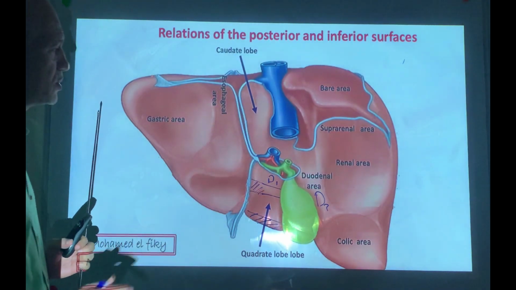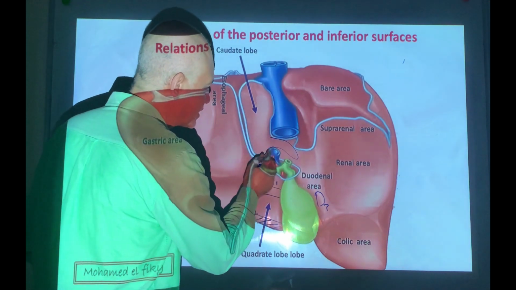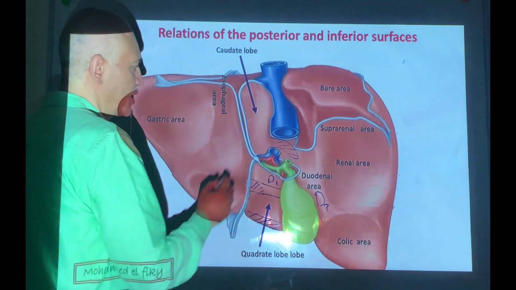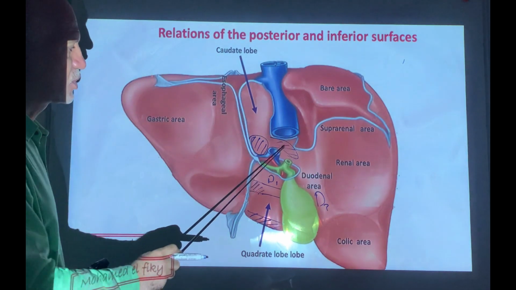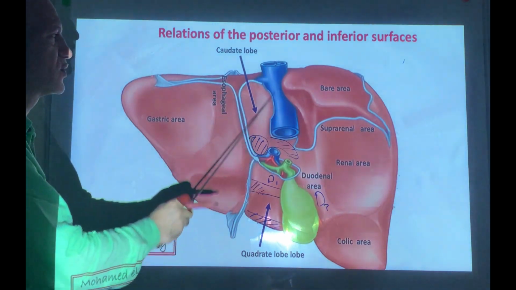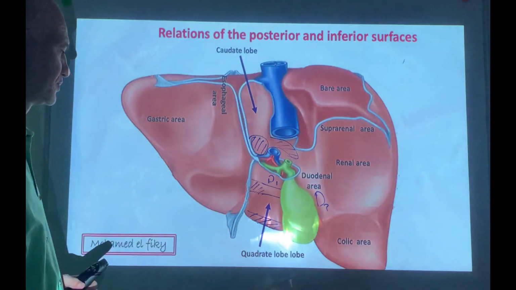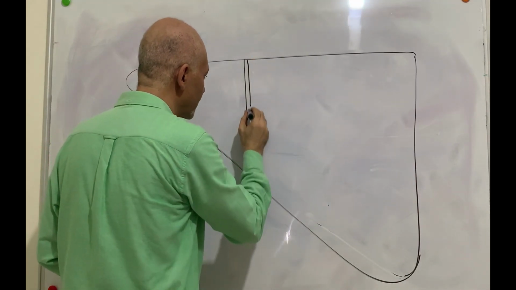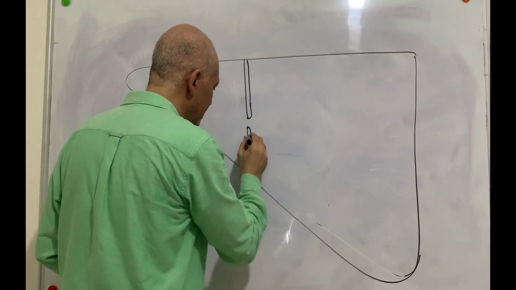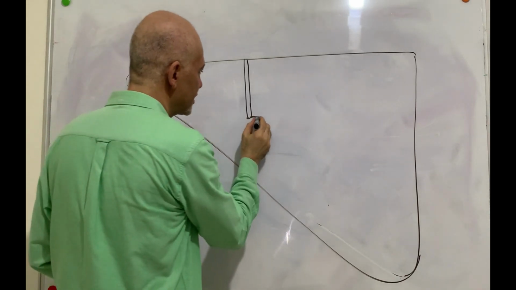The caudate lobe, this is the caudate process, and this is the papillary process. This is the groove for the inferior vena cava, and this is the bare area. This is the fissure for ligamentum venosum, fissure for ligamentum teres. This is the caudate lobe.